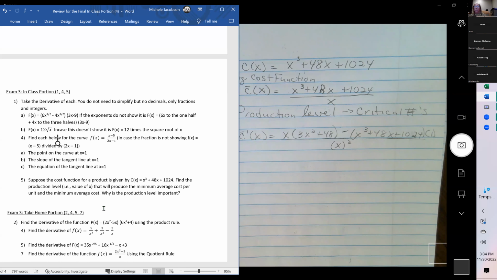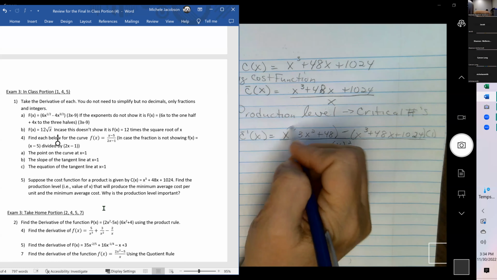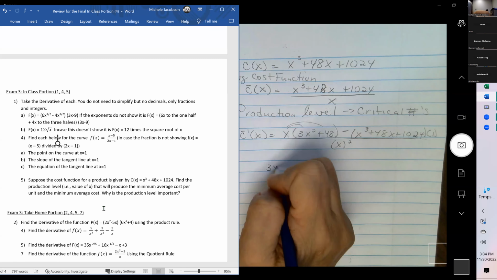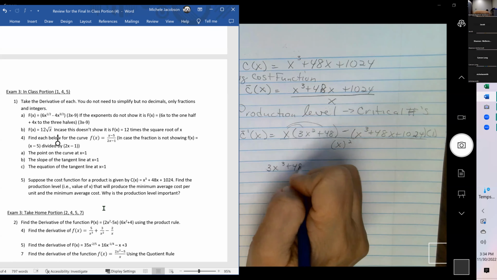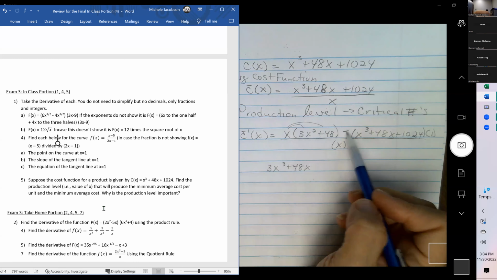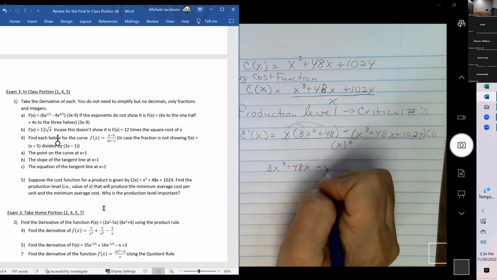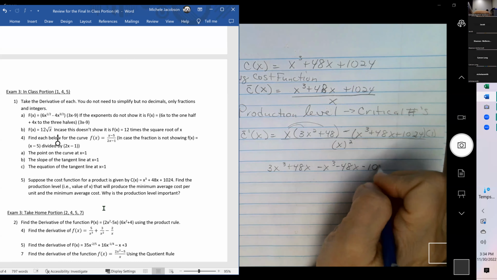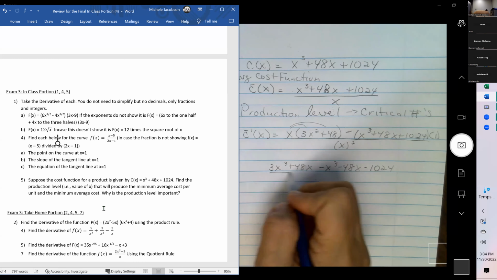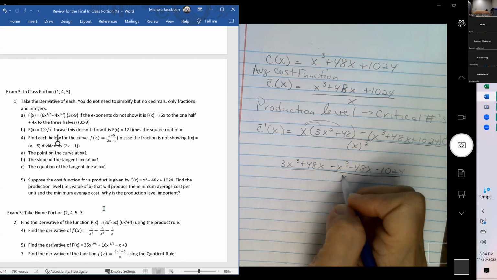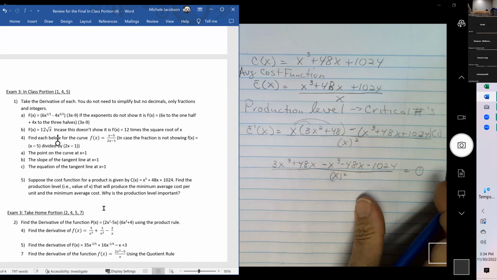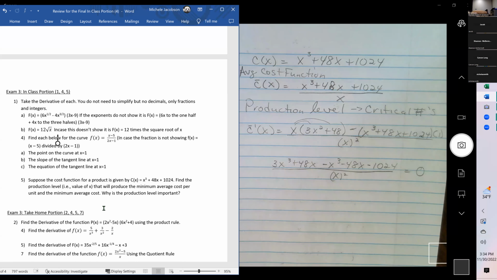Because we're finding a critical number, we need to set this equal to 0. So you would need to simplify: 3x cubed plus 48x. Here we're distributing the negative, so negative x cubed minus 48x minus 1024, all over x squared. Any questions so far?